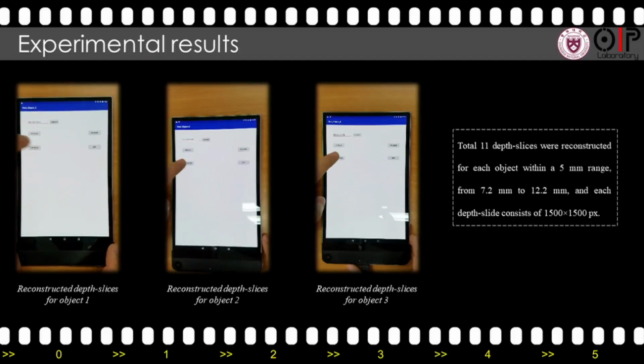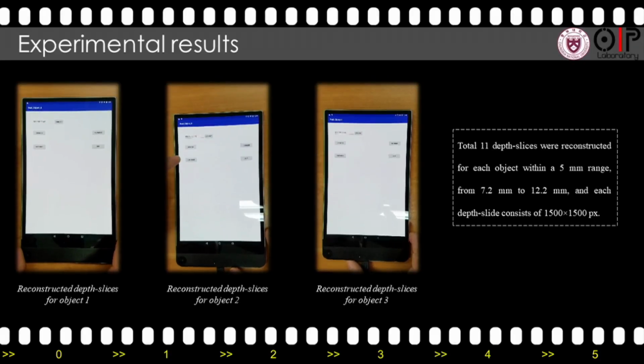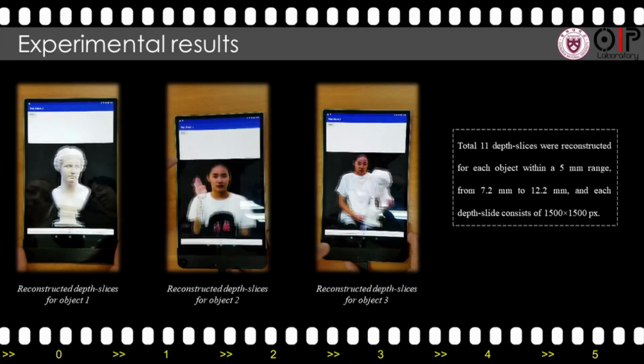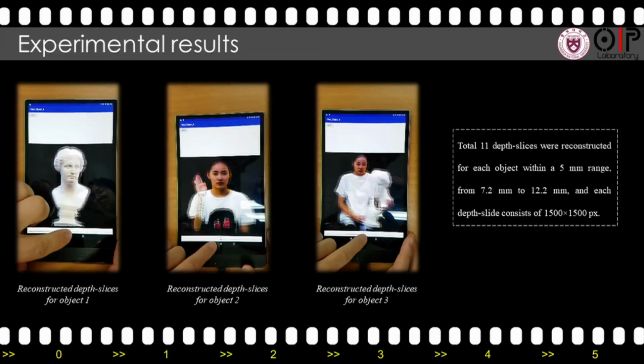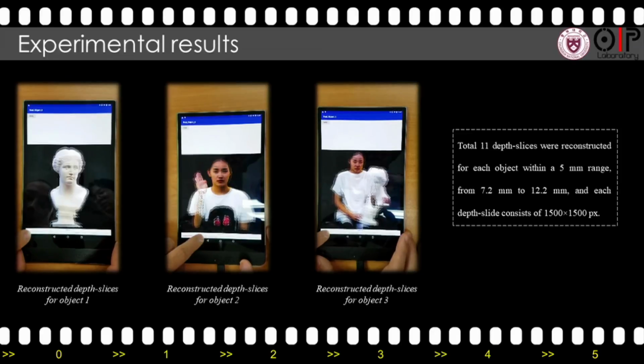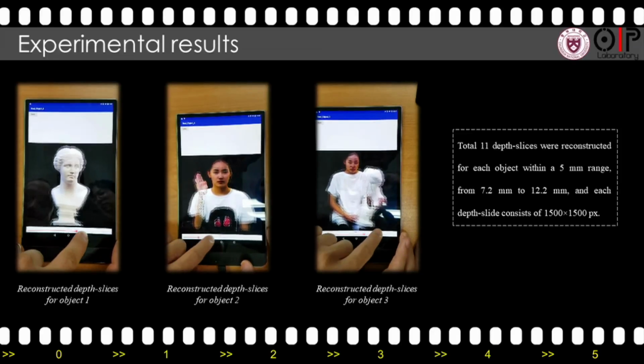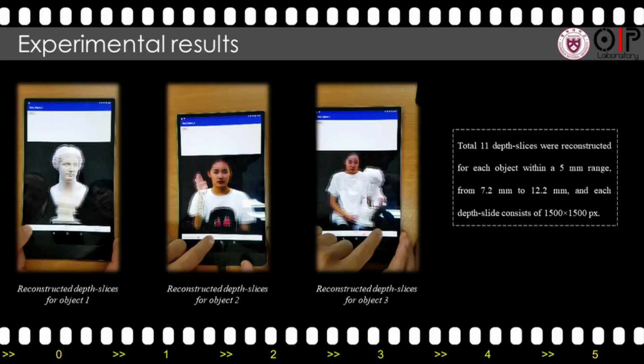For the depth slice, we also generated 11 depth slices for each object, and the depth range of the reconstruction was 5 millimeters. And each depth slice consists of 1,500 by 1,500 pixels.